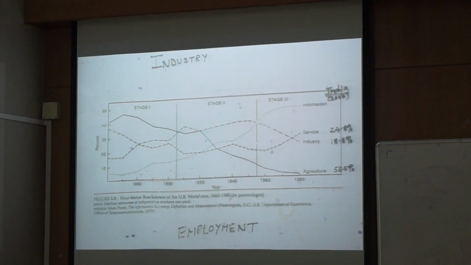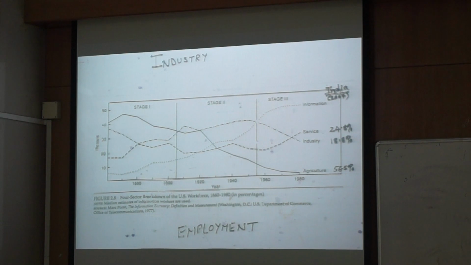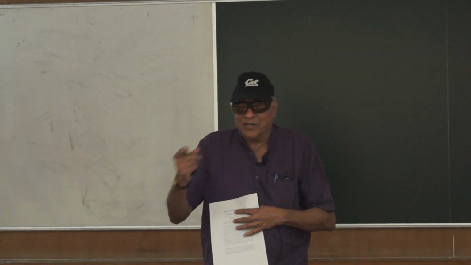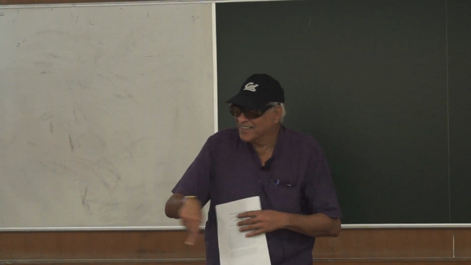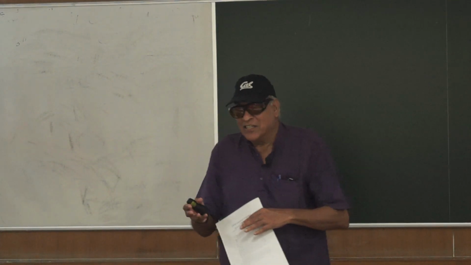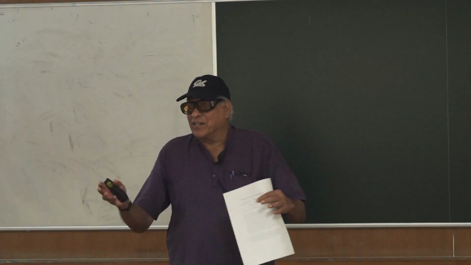Such a large number. The other day you read about Ashish Nandy, no? He was asked the question, what is the future of India? He said, it will be what Europe is at present. Essentially it will be an agriculture without cows.